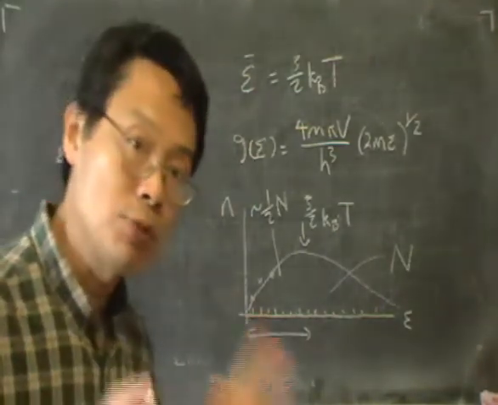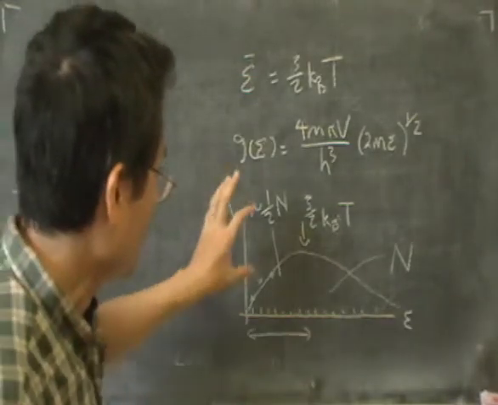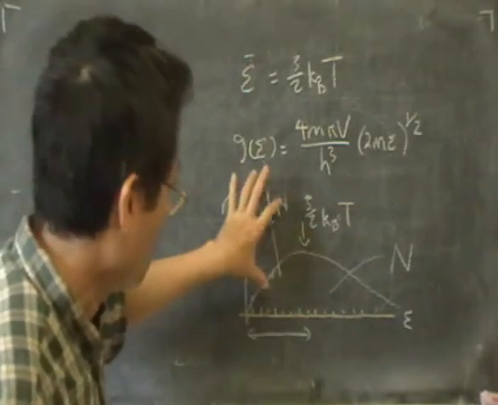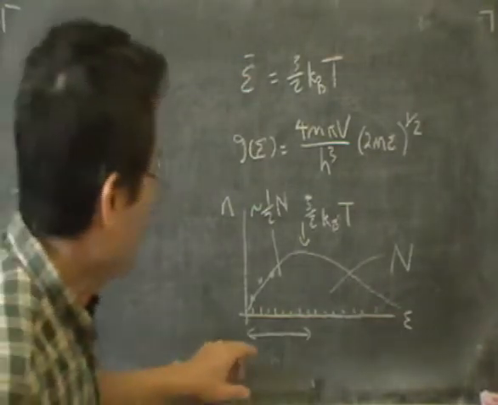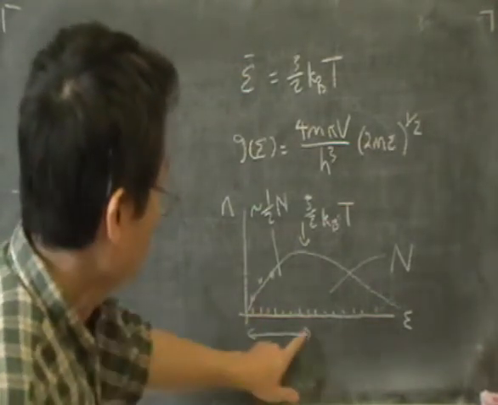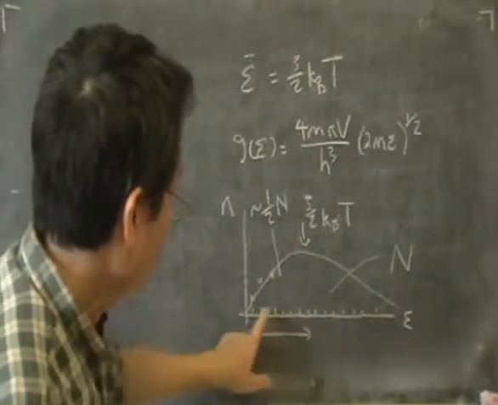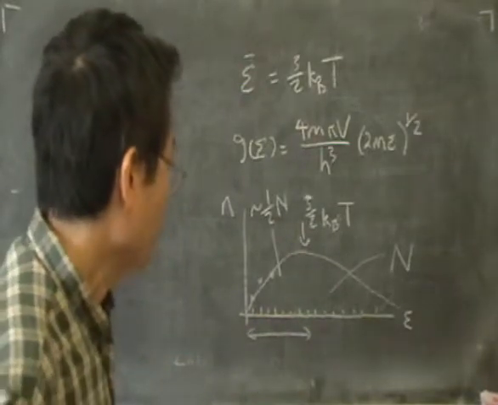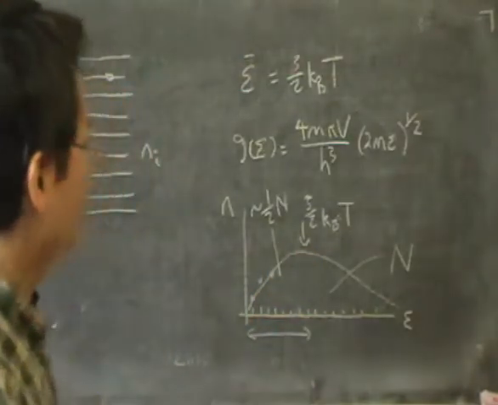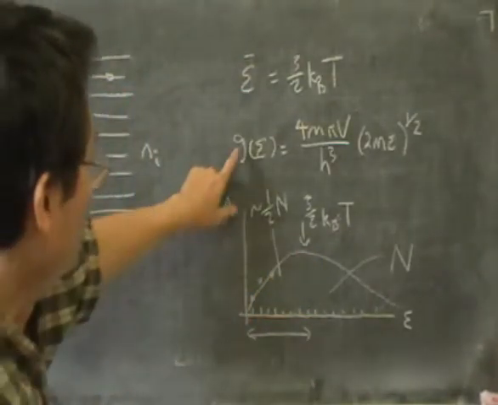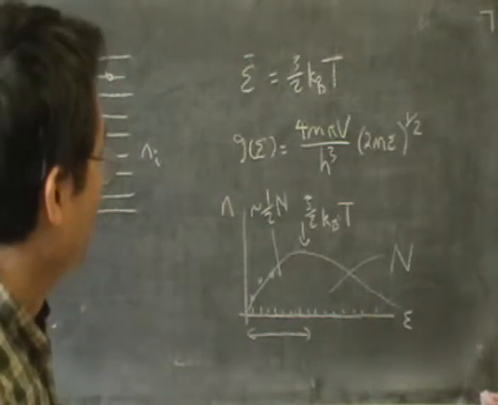So for this purpose, I'm just going to say that there are roughly half the number of particles below that, and I'm then going to compare with the number of energy states below the average energy. And we can find that answer because we have the density of states there.